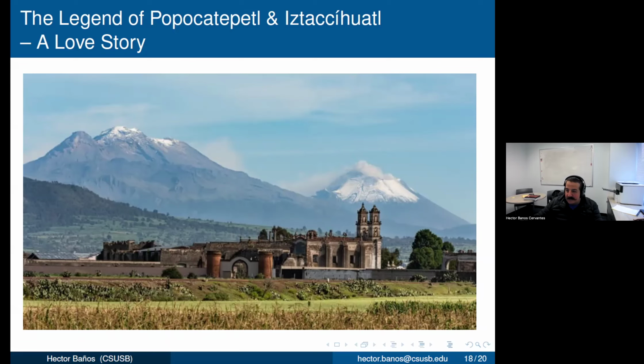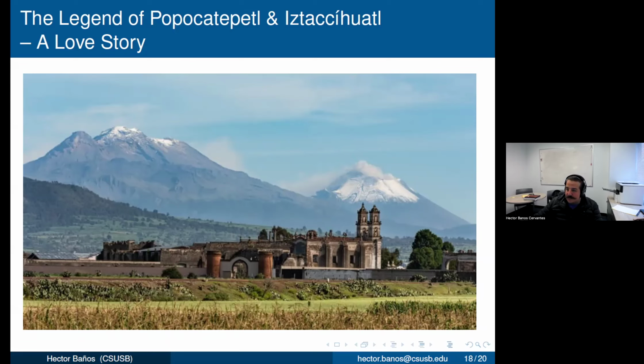The chief gladly consented and promised to celebrate the union with great joy upon Popocatépetl's triumphant return from the war. Filled with hope and determination, the brave warrior made all the necessary preparations and embarked on his journey, carrying in his heart the assurance that the princess would eagerly await the reunion to consummate their love.